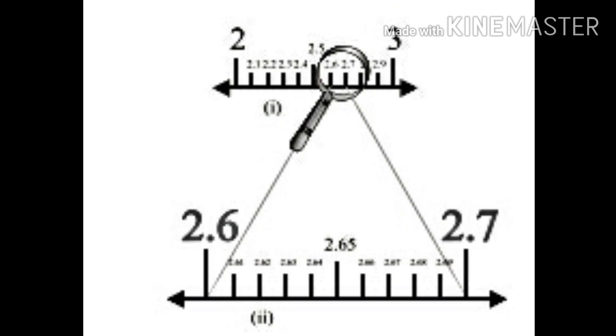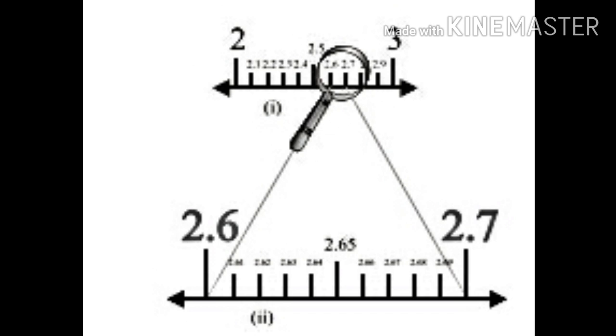Then the first mark to the right of 2 will represent 2.1, the second 2.2 and so on. You might be finding some difficulty in observing these points of division between 2 and 3. To have a clear view of the same, you may take a magnifying glass and look at the portion between 2 and 3. It will look like what you see in the figure.